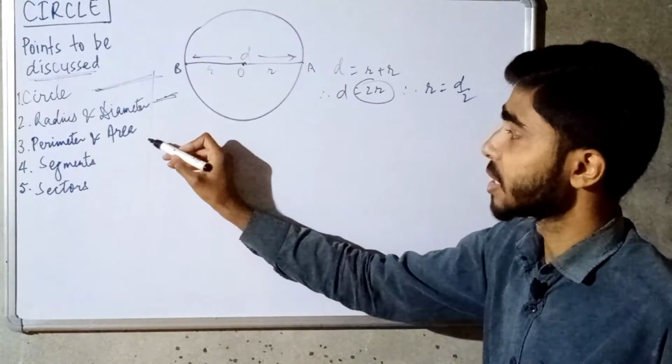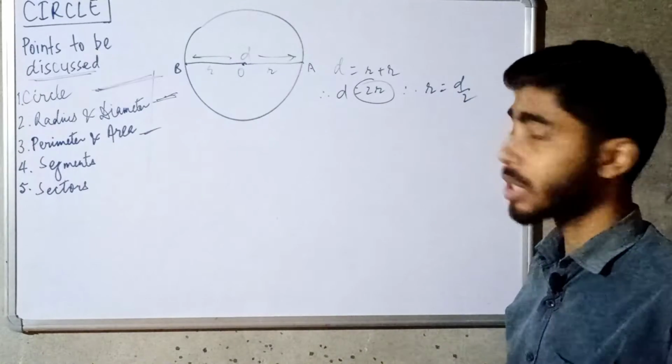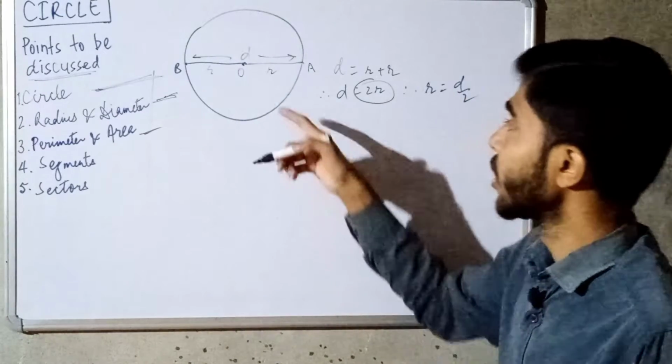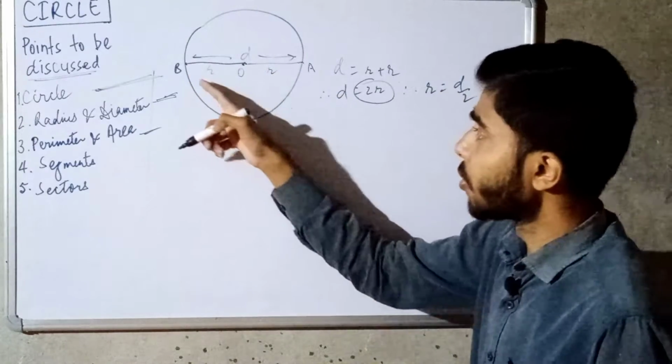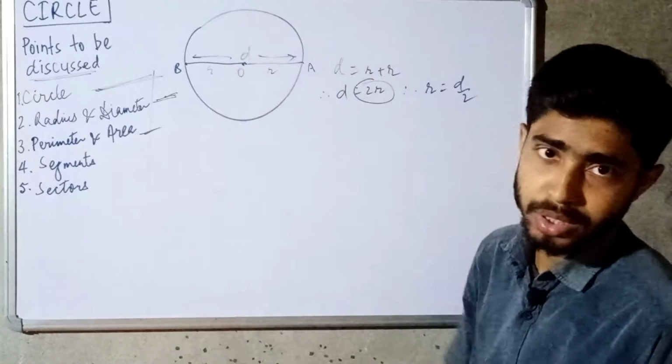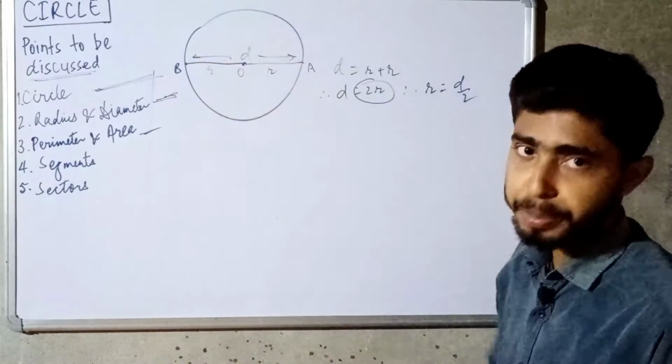Now the points to be discussed are perimeter and area. What is the perimeter? The total distance of the boundary of the circle is the perimeter.